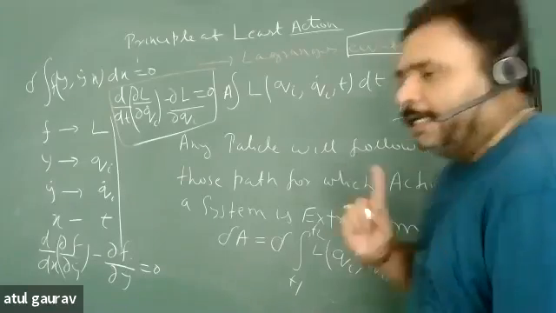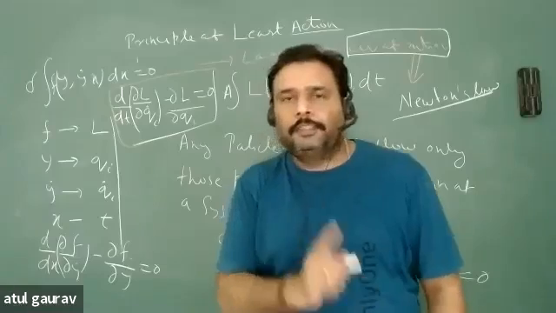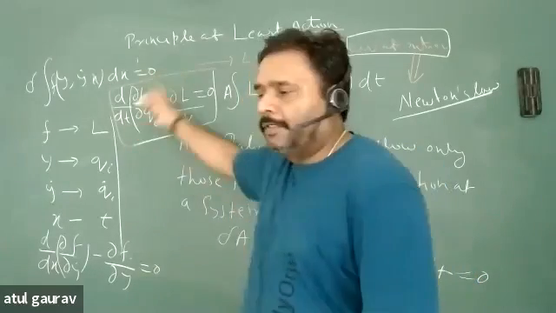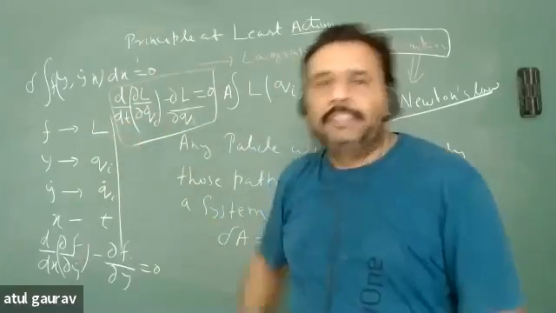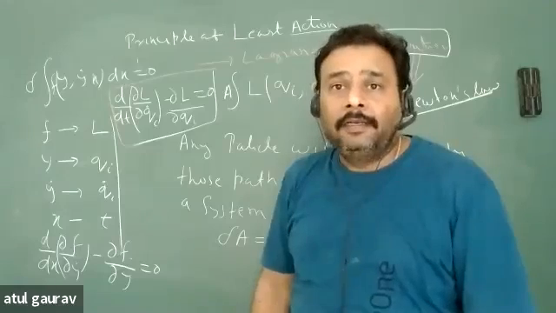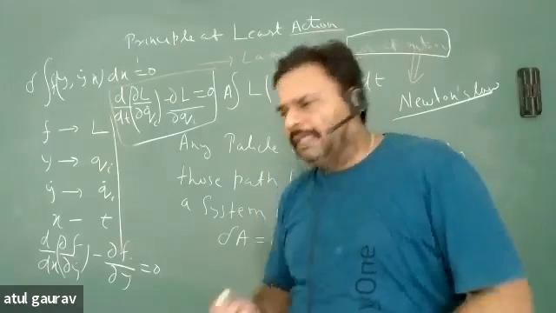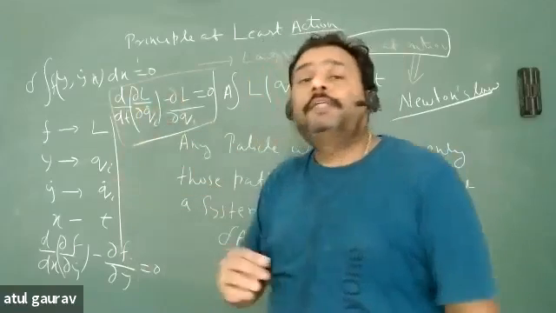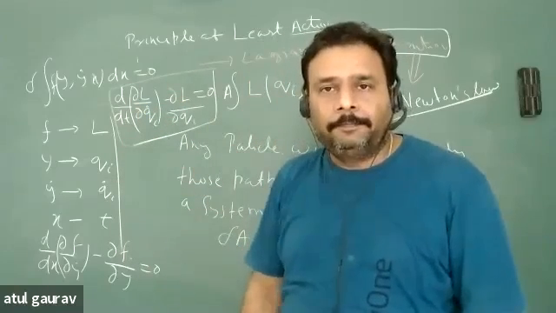Any equation of motion is nothing but Newton's law. What I want is that this differential equation must behave just like Newton's law. Then after a lot of hit and trial, we decided what the form of L should be.